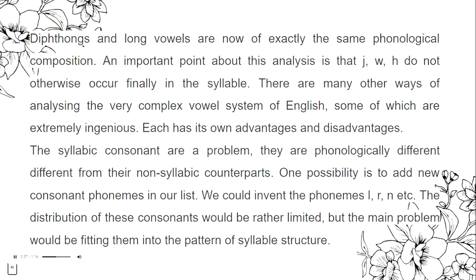The syllabic consonants are a problem. They are phonologically different from their non-syllabic counterparts. One possibility is to add new consonant phonemes to our list. We could invent the phonemes l, r, n, etc. The distribution of these consonants would be rather limited, but the main problem would be fitting them into the pattern of syllable structure.